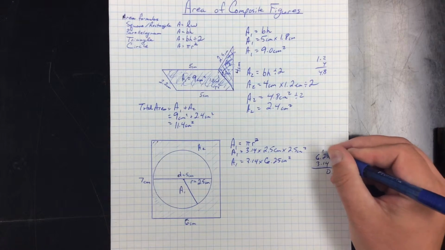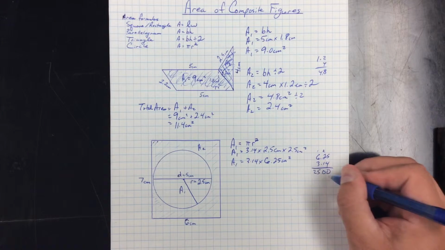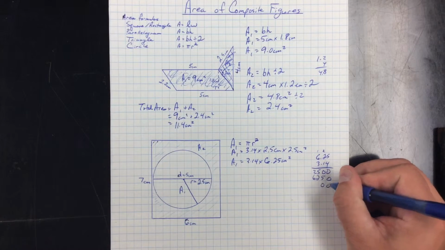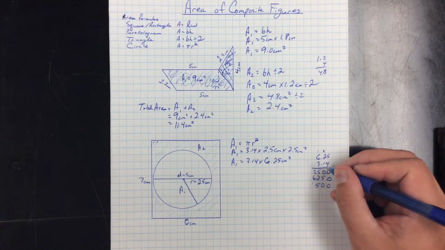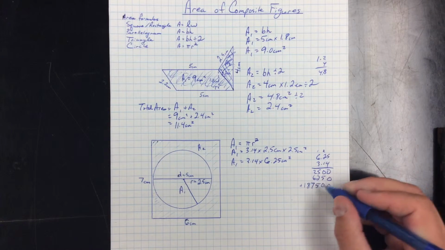4 times 5 is 20. 4 times 2 is 8, plus 2 is 10. 4 times 6 is 24, plus 1 is 25. Then the next row: 3 times 5 is 15, 3 times 2 is 6, plus 1 is 7, 3 times 6 is 18. Add them all up.